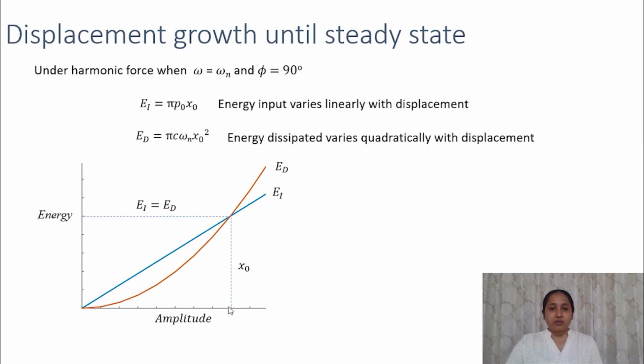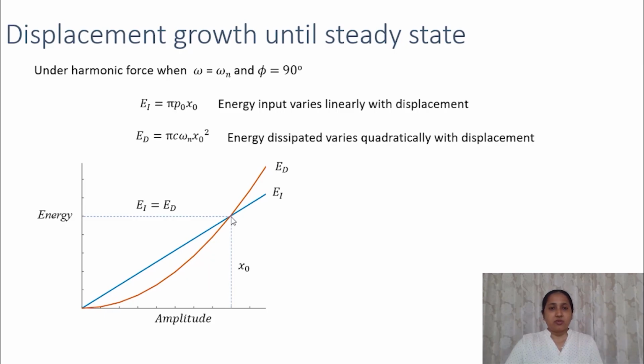So at steady state, input energy is equal to the dissipated energy. If the amplitude increases beyond x naught, that is, beyond the steady state, then the dissipated energy would be more than the input energy. So if the displacement increases beyond x naught, more energy will be dissipated, which means the amplitude will come down.